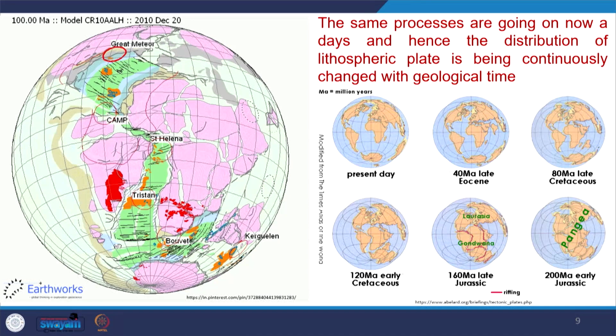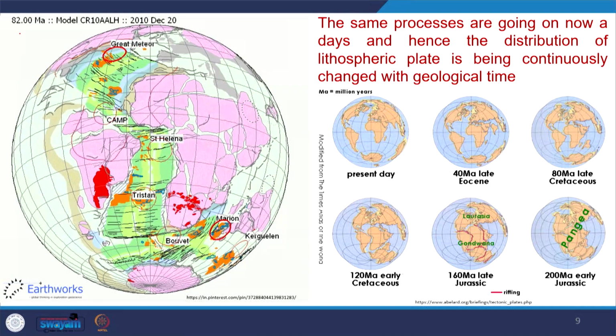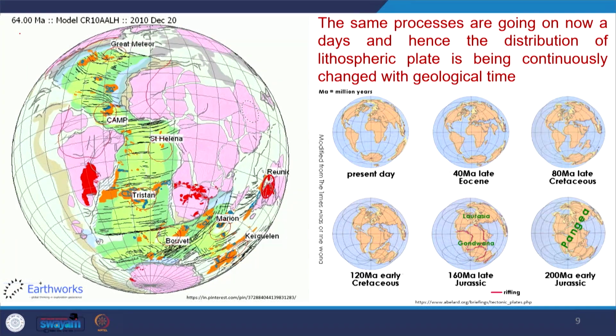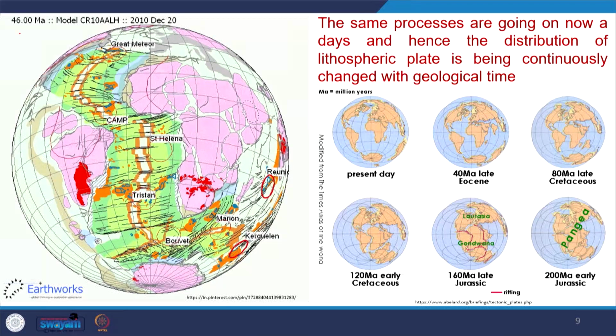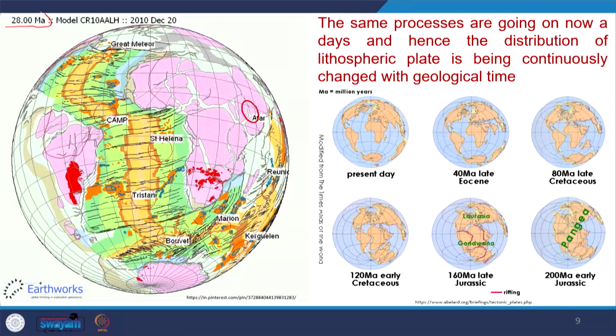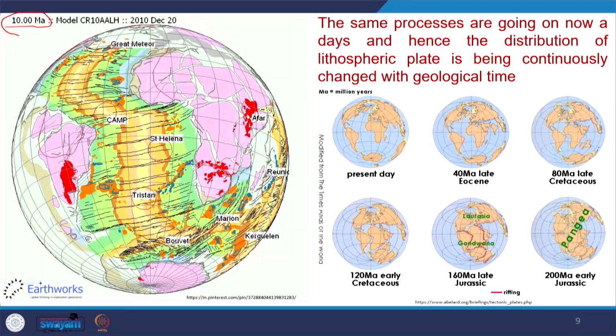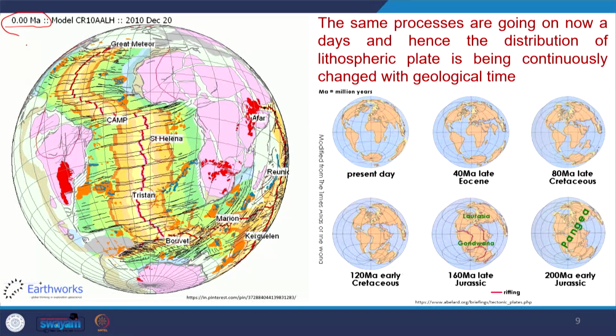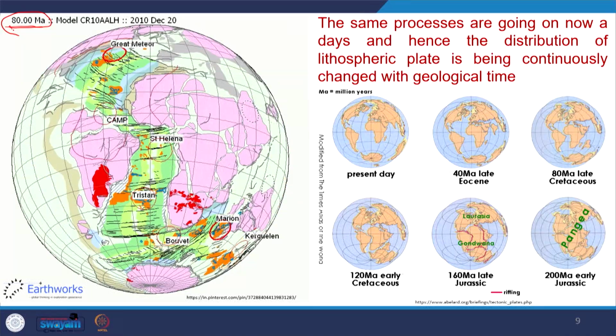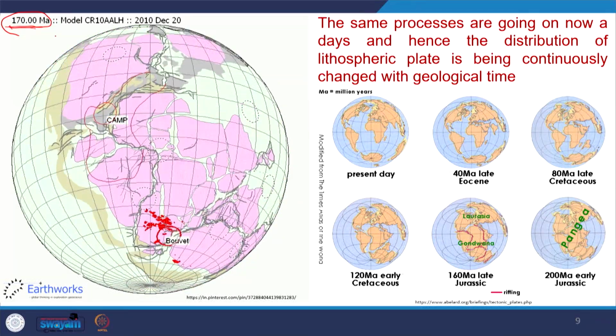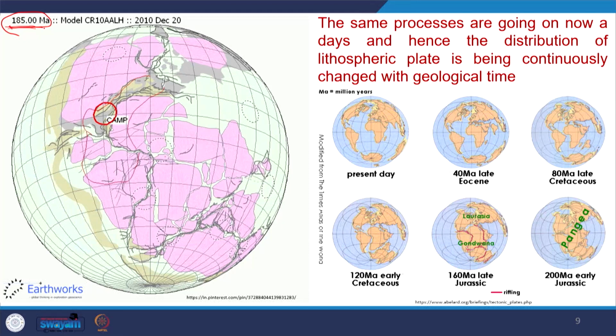So, this way the Earth's configuration from the beginning up to now has changed many times. If you see, starting from 100 or 250 million years up to now, the time is changing and the plate configuration is changing. It starts from 0, then increases with time up to around 200 million years.